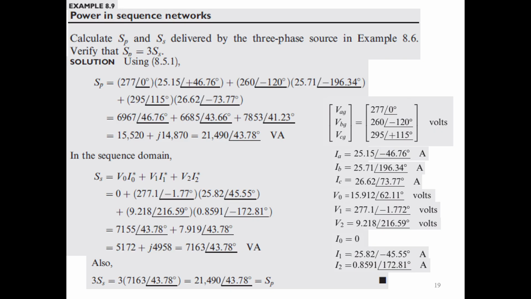All right. Let us do one example in order to wrap up this first clip. The power in sequence network: you calculate the SP, which is the complex power in phase quantity, and SS, delivered to the three-phase source.